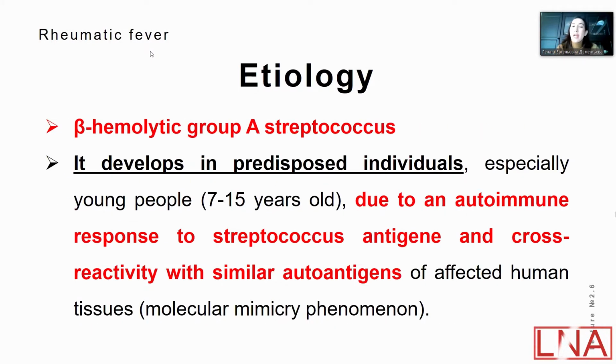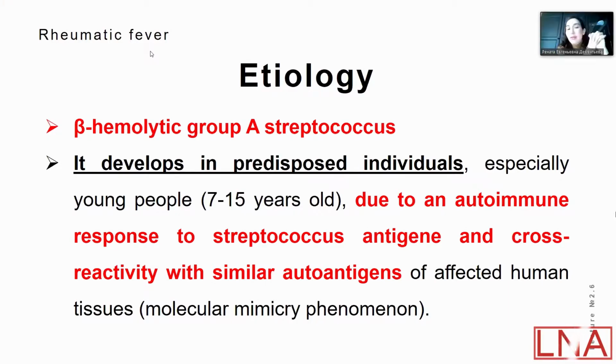About etiology: from the definition it's clear that acute rheumatic fever is associated with beta hemolytic group A streptococcus, exactly this infection, and it develops in predisposed individuals, especially young people, by research up to 70 years old.